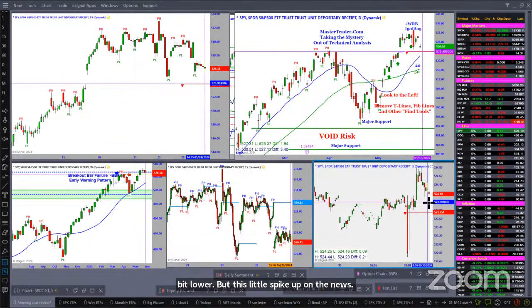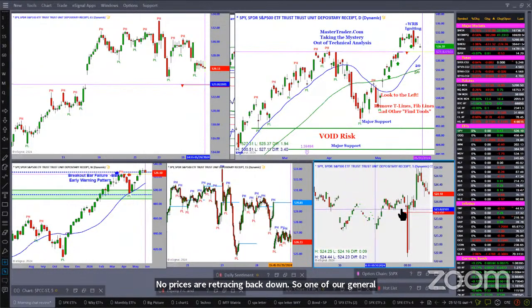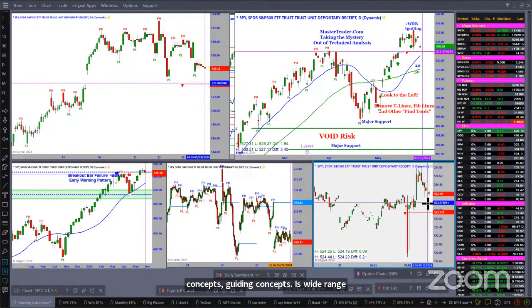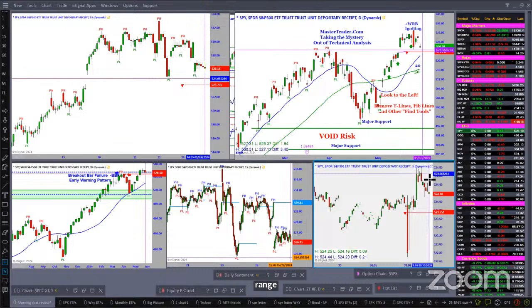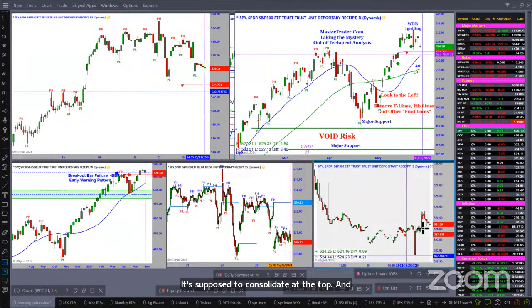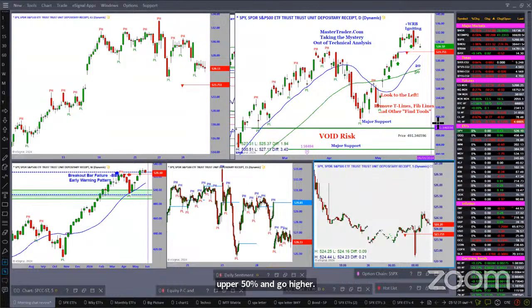One of our guiding concepts is wide range bars breaking out of a consolidation. Prices should not pull back to the bottom of the wide range bar. Common sense. It's a power bar, and it's supposed to consolidate at the top and stay in the upper 50% and go higher. That's not happening. Sellers coming back in.